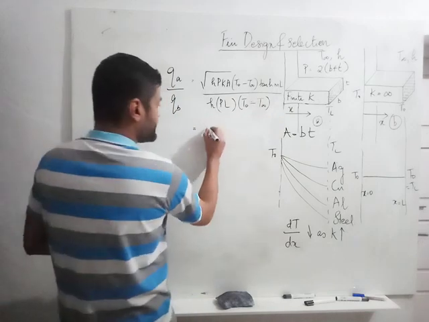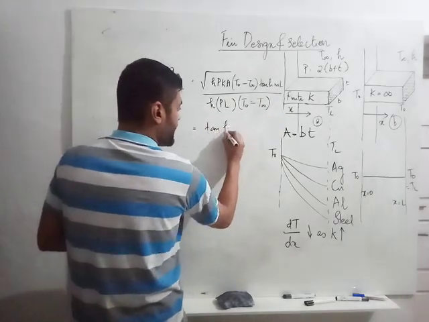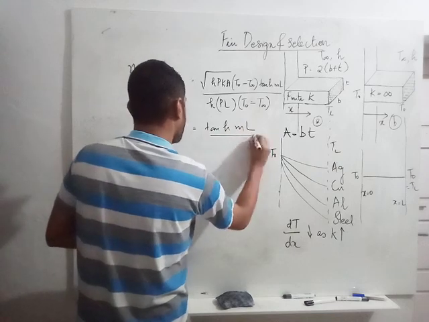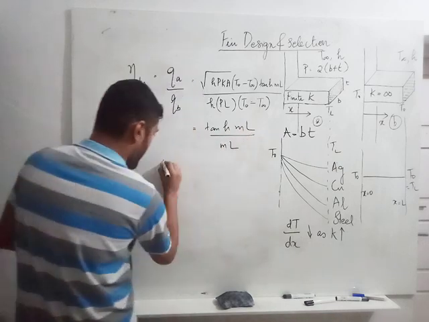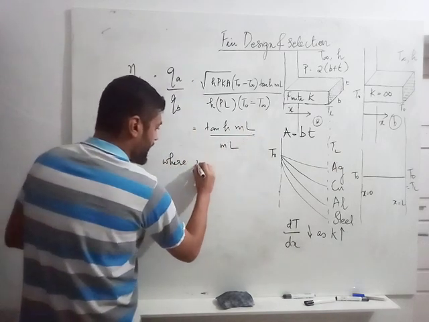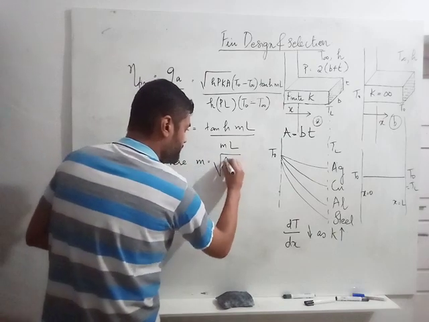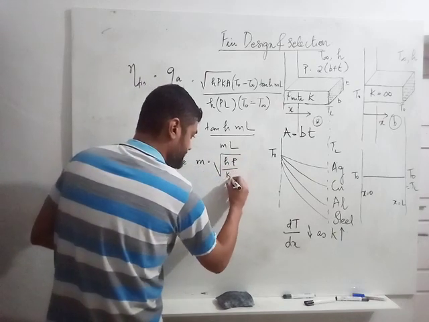Simplifying this, I can write it as tanh(mL) upon mL, where m is nothing but square root of hP by kA.